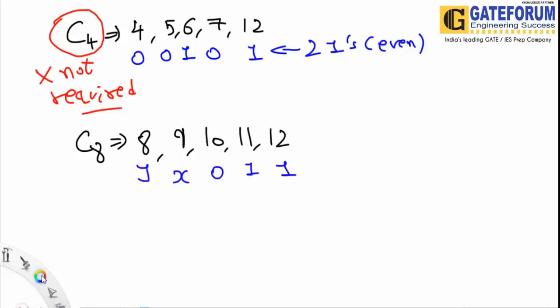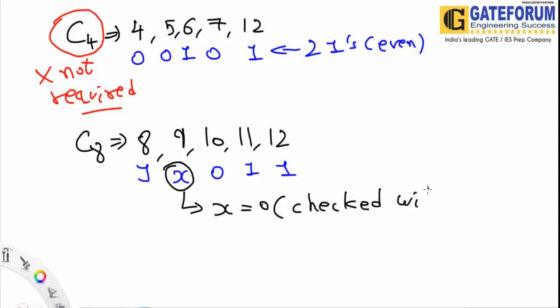We already checked before that the value of x is 0, because we checked with the concept of C1. So the value of x is equal to 0. This we have understood with the concept of C1.